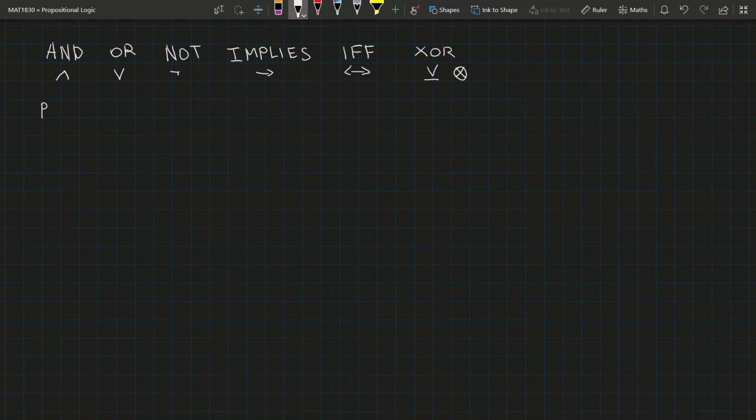So if we have P and Q, and we draw out the truth table for this, so P is true and Q is true, P and Q is true. True, false, that's false. Same thing, this is false. False and false is false.